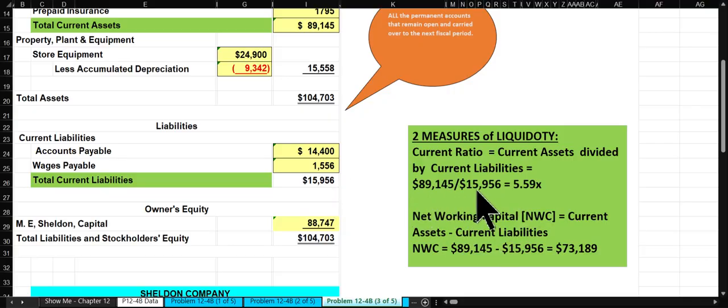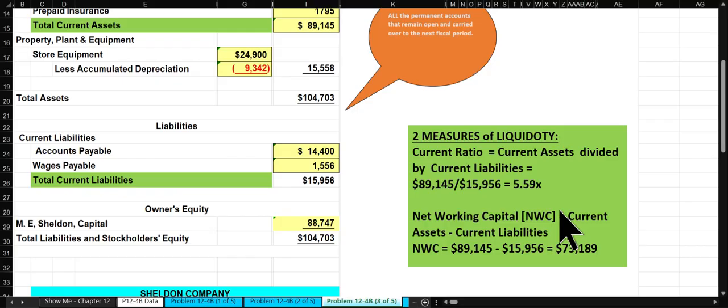So notice I'm using current liabilities, not long-term liabilities, just the current. So 89 divided by 15.9 gives us 5.59. What does this mean? This means, in simple terms, that for every $1 of current liability, the firm has $5.59 in current assets.